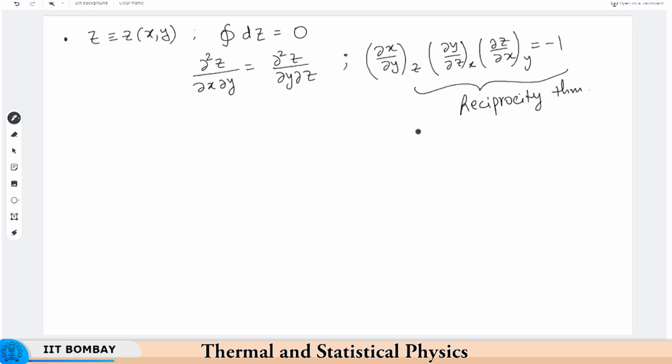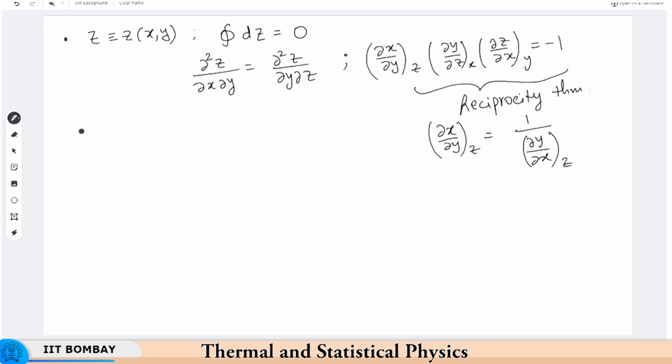We also derived what is known as the reciprocal theorem, which is del x by del y at constant z is basically the inverse of del y by del x at constant z, and this is true for all the derivatives.